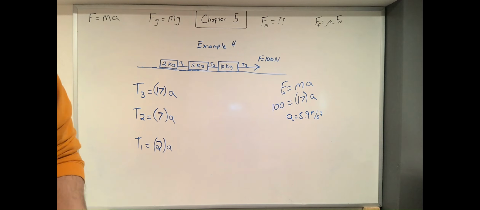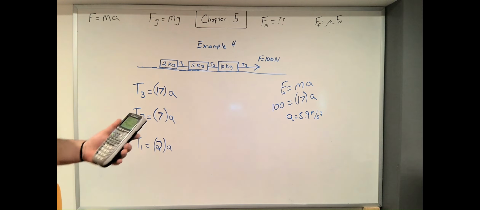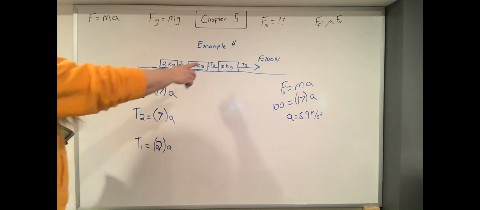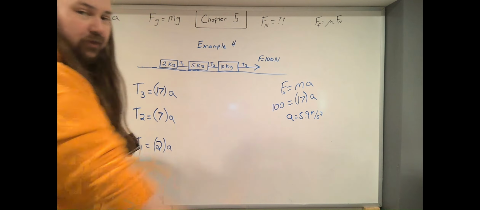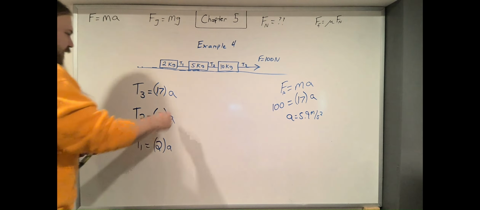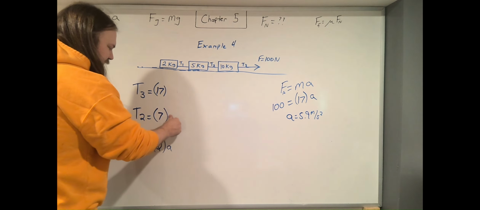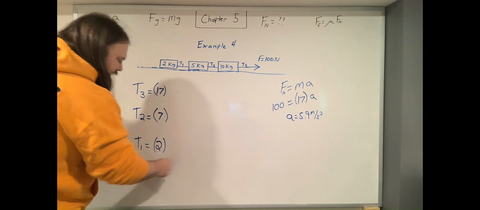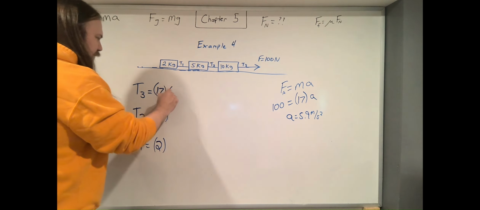Now that's the acceleration of the entire chain here, right? All 3 of these are tied together. The whole thing will move with an acceleration of 5.9, which means all 3 of these tensions are going to see an acceleration of 5.9.